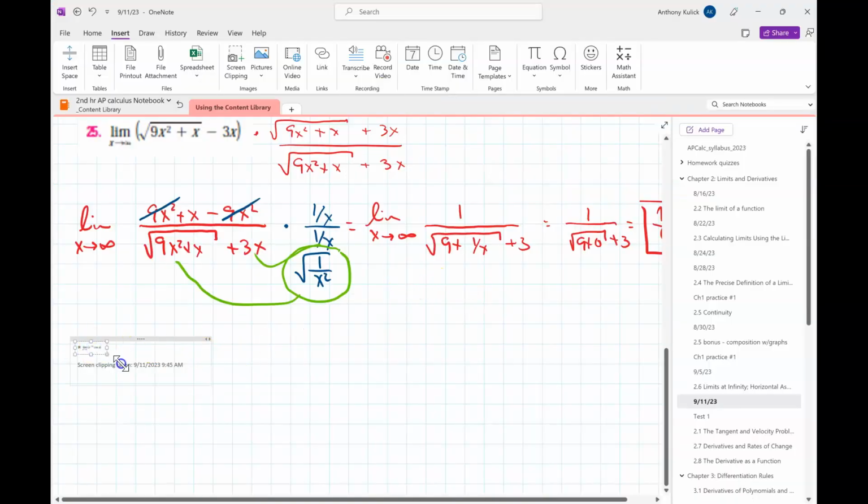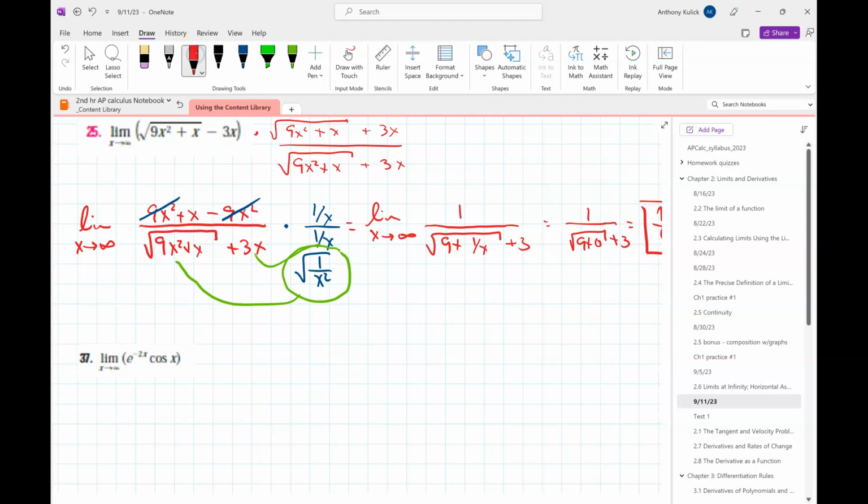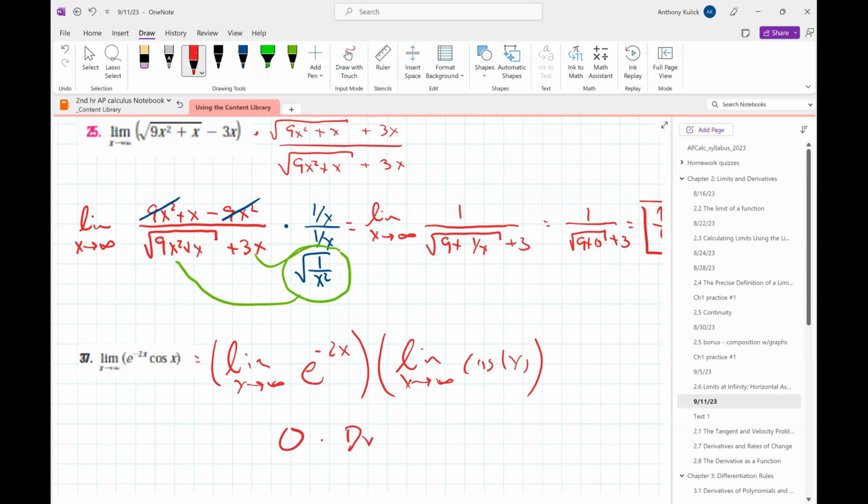So 0 times anything is 0. Right. So that part times 0 is just 0.